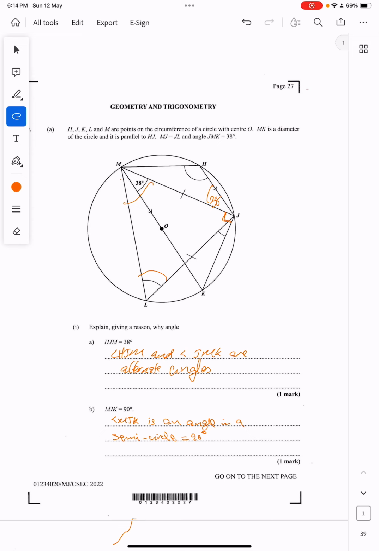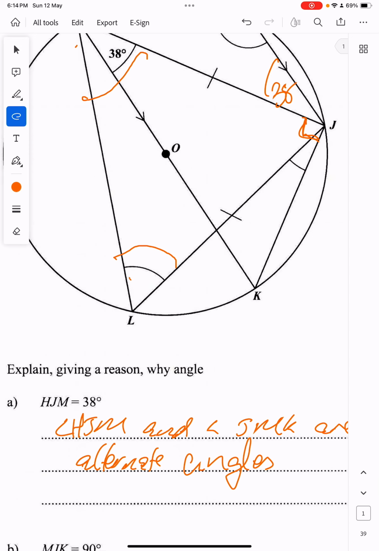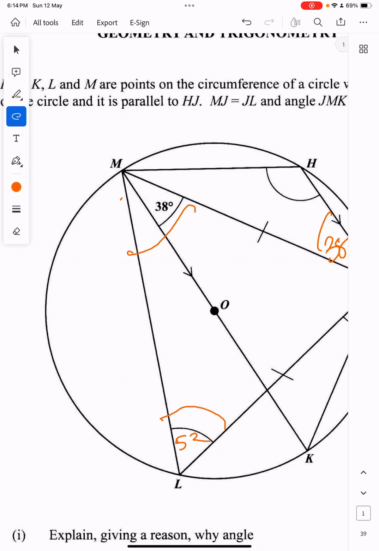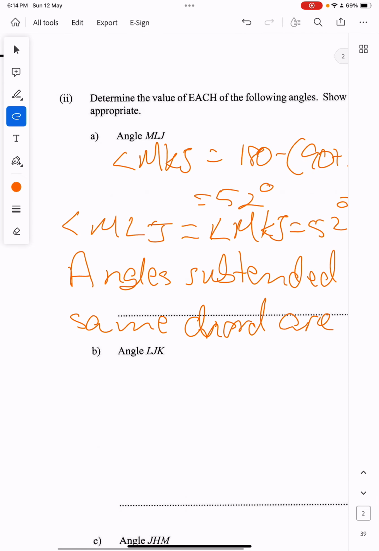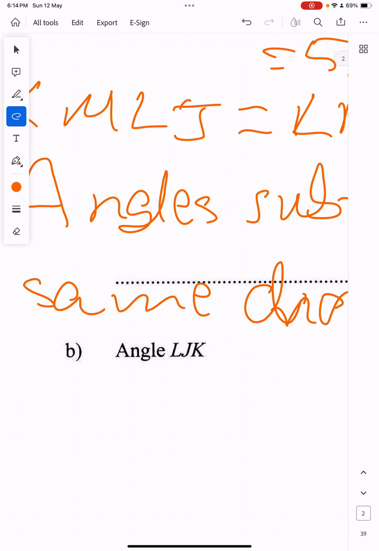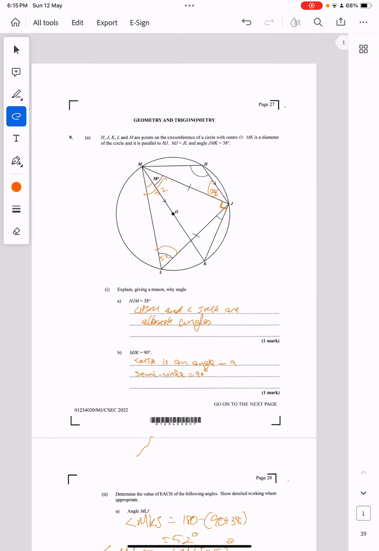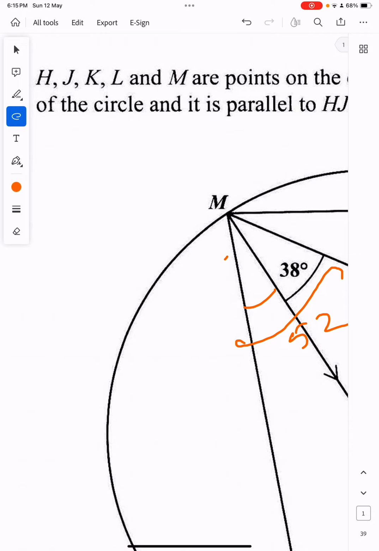We just worked out that angle MLG is 52, which means this entire thing here is 52, which means we can figure out this bit here by taking away 38 from 52. So we can say angle LMK is equal to 52 degrees take away 38 degrees, which is equal to 14 degrees. So we've got here being 14 degrees.